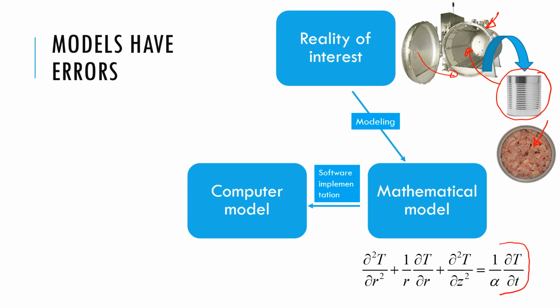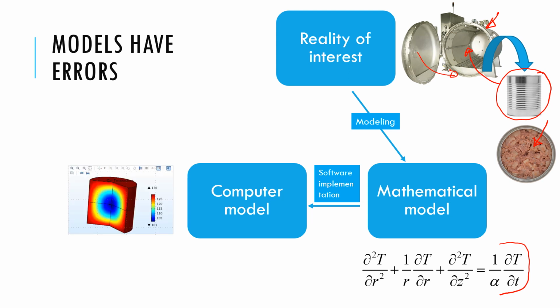So again, we are making errors. These are known errors that we are making. So the computer model will produce the simulation results that look like this, that may not be the same, and is not the same, as the reality of interest.